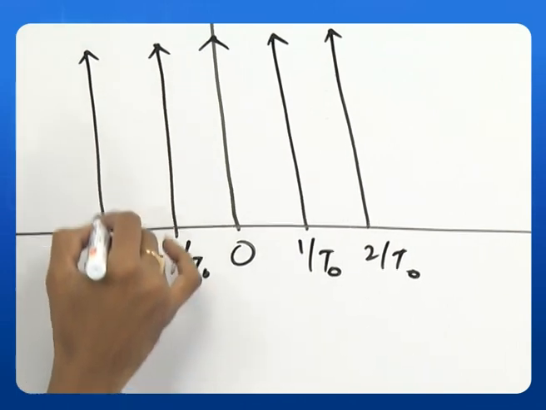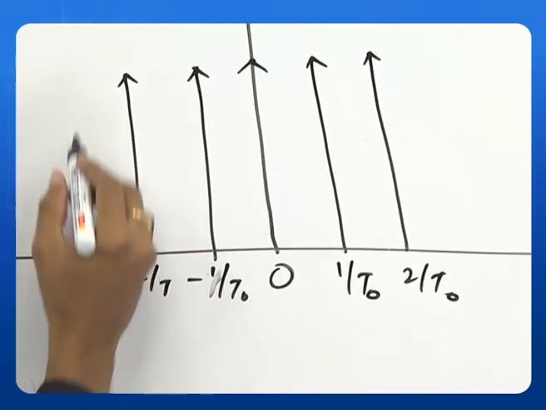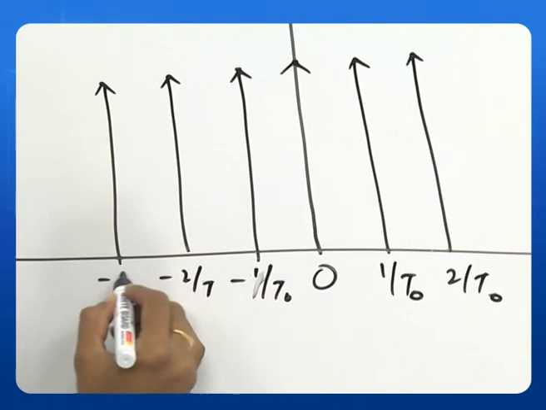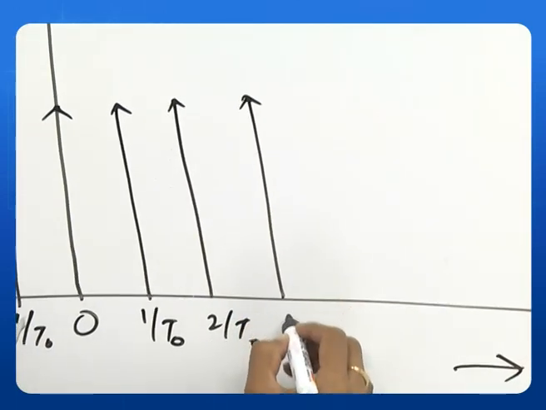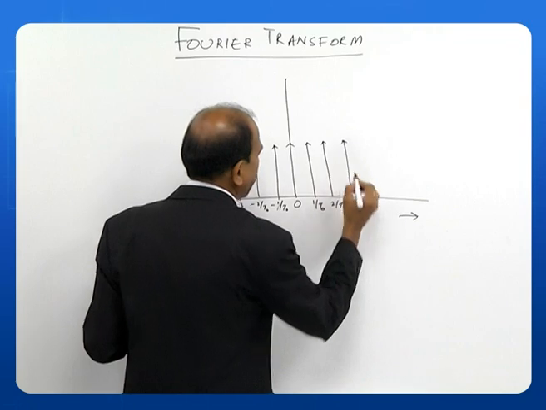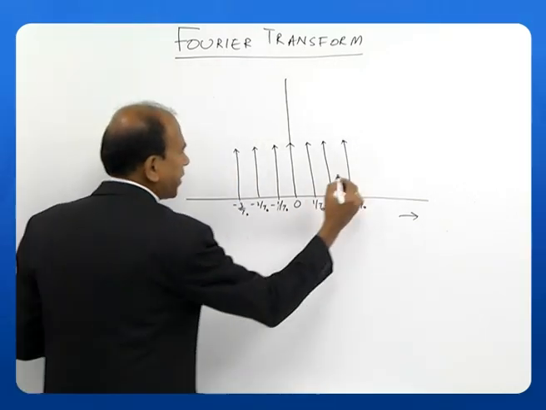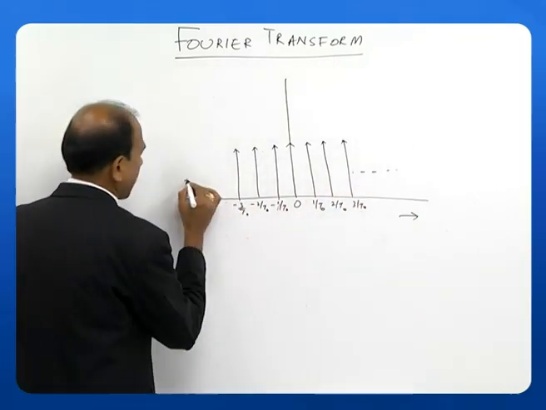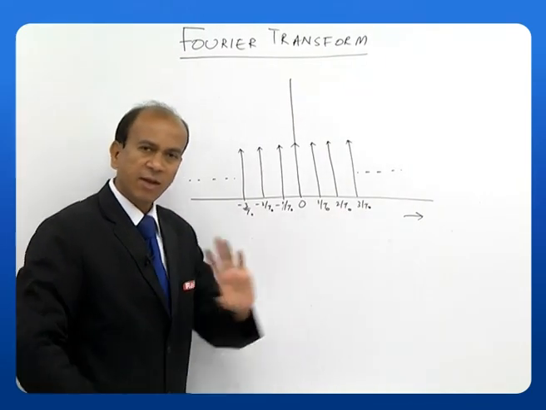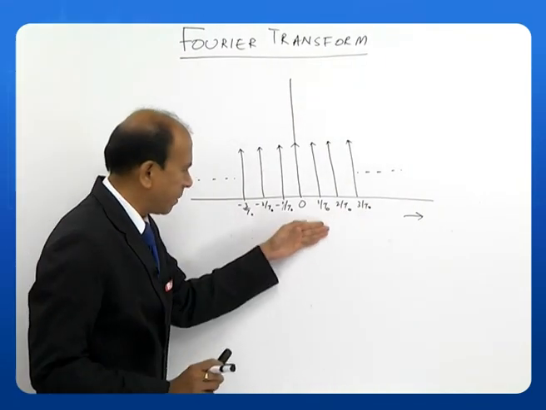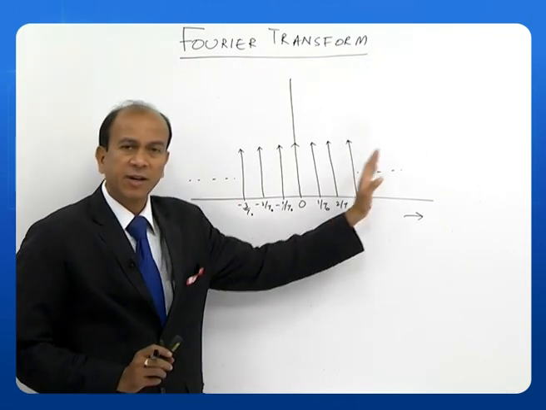Then there is a delta function existing at minus 2 by T naught, minus 3 by T naught, and plus 3 by T naught, like that. So, you will have a lot of delta functions. They exist at all multiples of the fundamental frequency, 1 by T naught, 2 by T naught, 3 by T naught, like that.